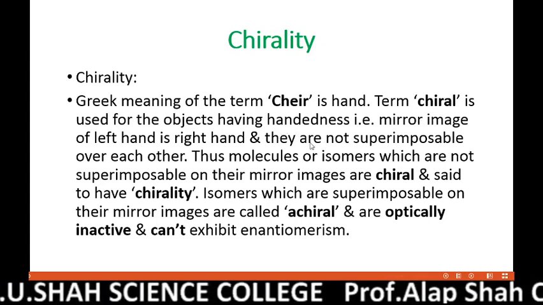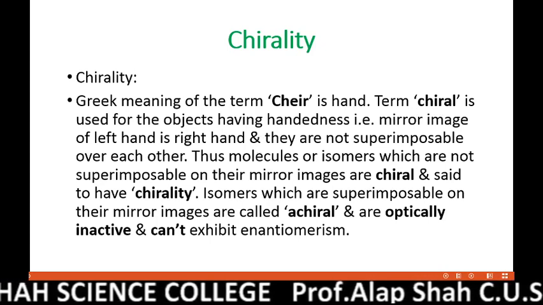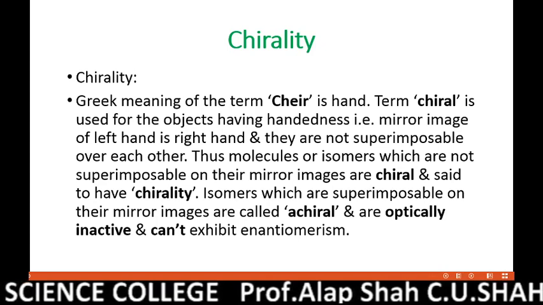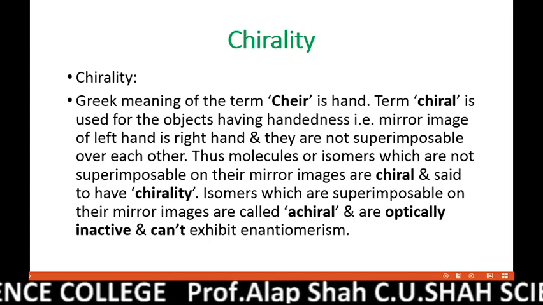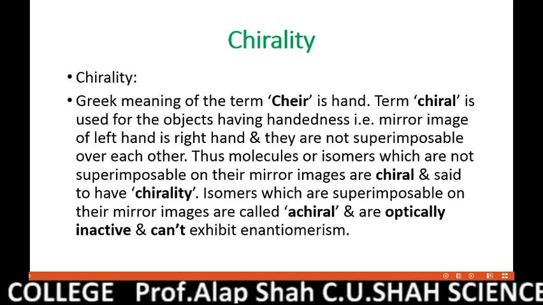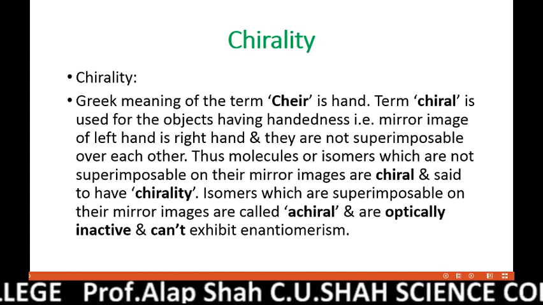That is, the mirror image of the left hand is the right hand and they are not superimposable over each other. So that is called chirality. Isomers which are superimposable on their mirror images are called achiral, and they are optically inactive and cannot exhibit enantiomerism.